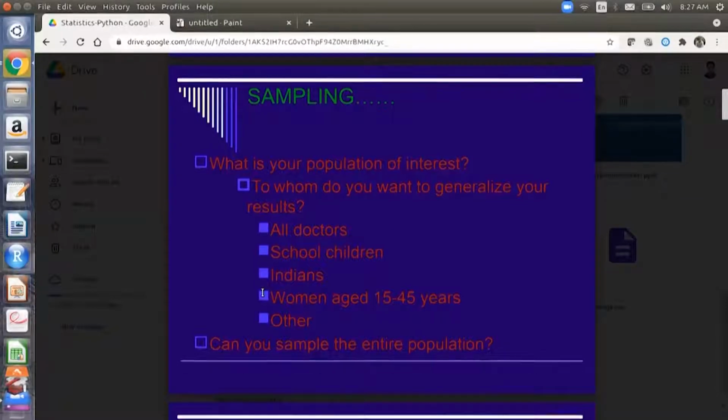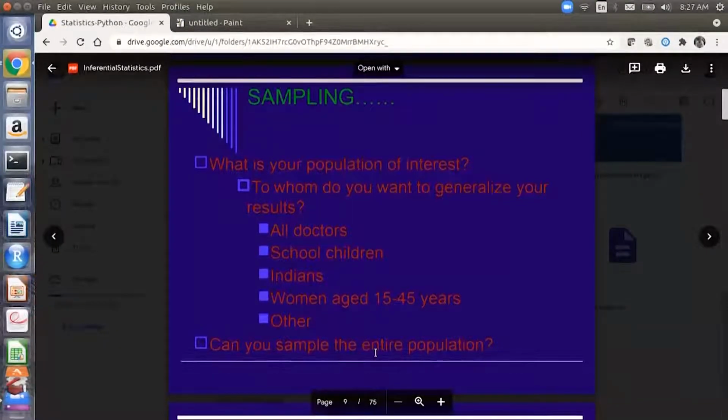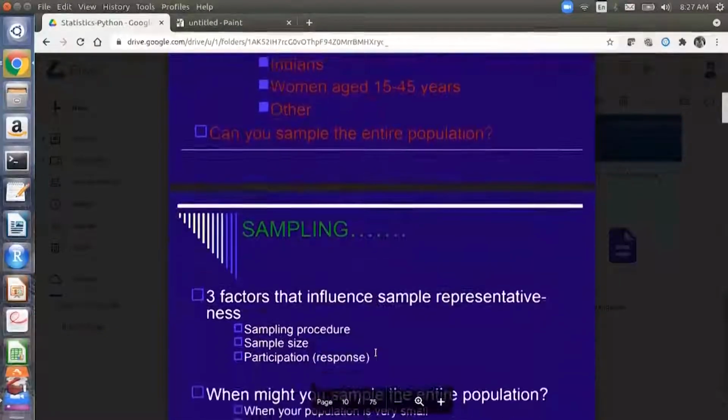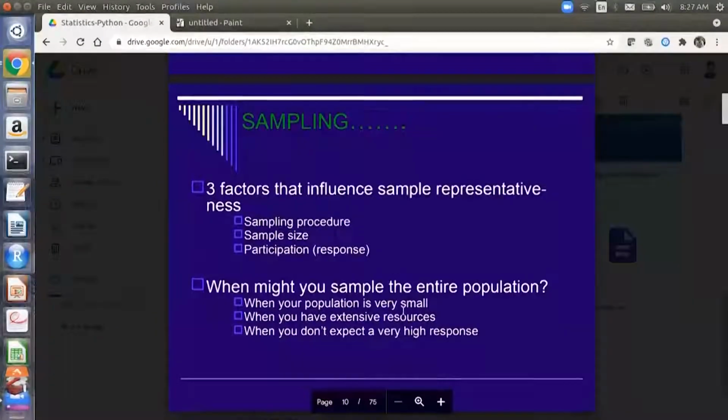Simply, yes, you can analyze your entire population when your population is very small, when you have extensive resources, and when you don't expect a very high response. If you have resources available, then analyze the whole population. Nobody will stop you. But generally we use a sample, and we will see the sampling process and how to do the sample analysis in the next to next class.